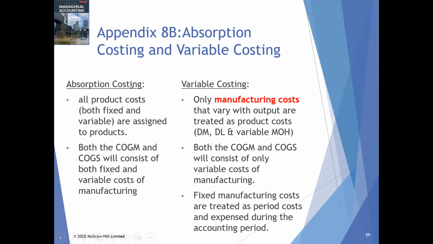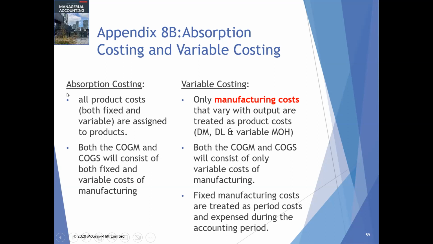Now in absorption cost, all product costs, both fixed and variable, are assigned to the product. So both cost of goods manufactured and cost of goods sold will consist of both fixed and variable manufacturing cost. That is the absorption cost.